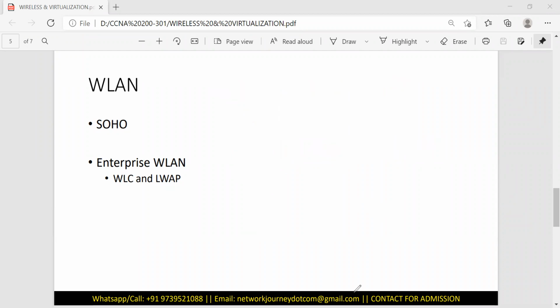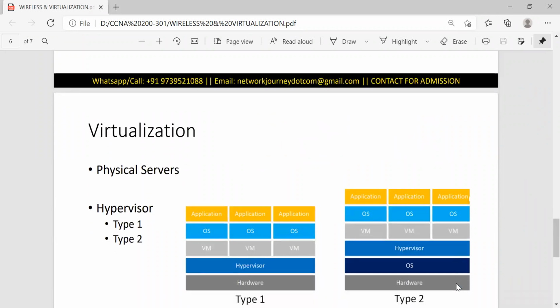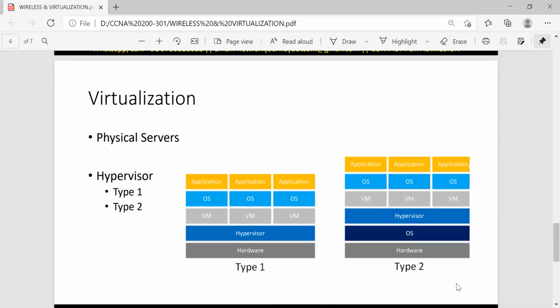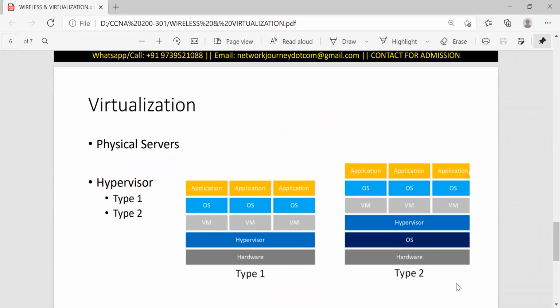Now moving on to the next topic of the day, which is related to virtualization. Why did virtualization come into the picture, or how has it taken over everywhere? When we see cloud today, we are actually talking about virtualization. Back in those days we had physical servers, and we were not utilizing them up to the mark.